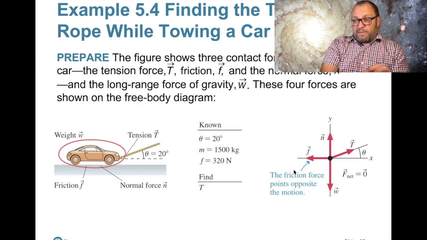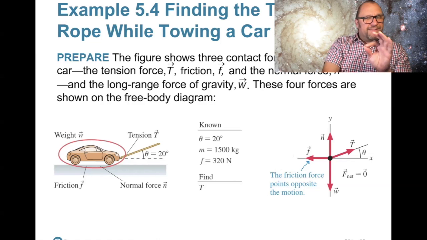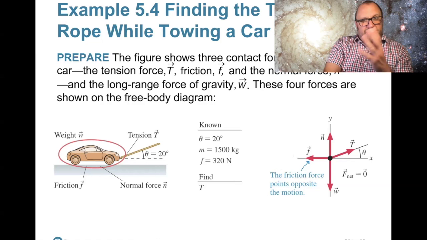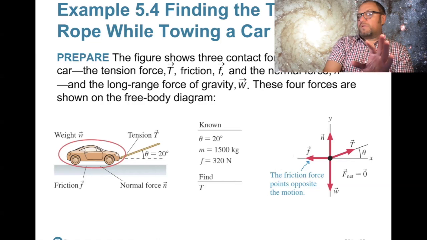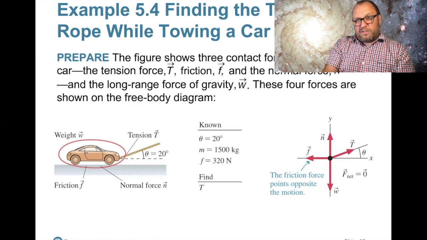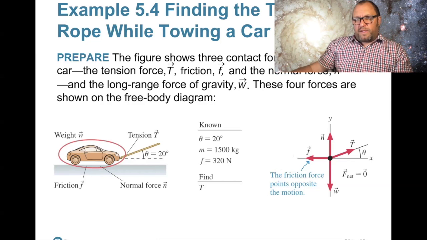Now, I will say in this problem that the normal force would not just be the weight of the car, because part of the tension in the cable is pulling it up. But it gives us a number for that frictional force, 320 newtons. So we don't care, because we have 320 newtons. That's the force on the car going in one direction.